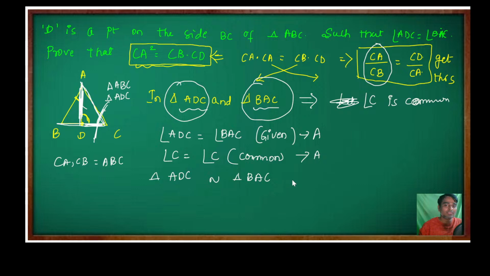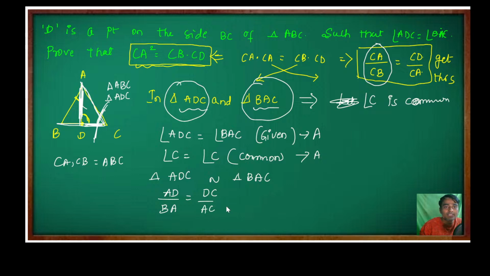Using BPT, we can write ratio of corresponding sides equal. So I will write now AD by BA, then I can also write DC by AC.